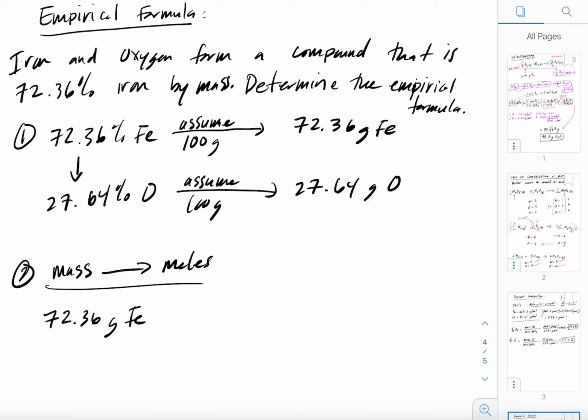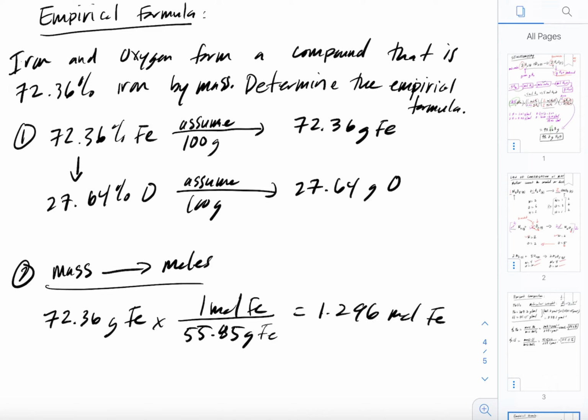We're going to start with the grams of iron, and we're going to look at the periodic table and find that the molar mass of iron is equal to 55.85 grams of iron per 1 mole. That's going to give us moles of iron on top, cancel out grams of iron, and that's 1.296 moles of iron. We'll do the same for the oxygen.